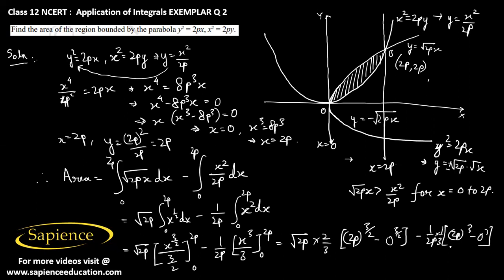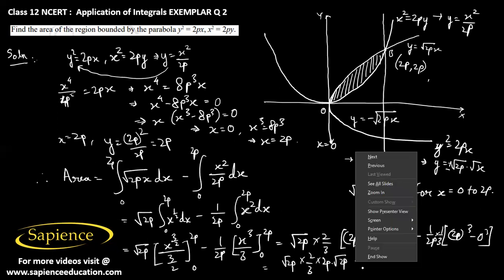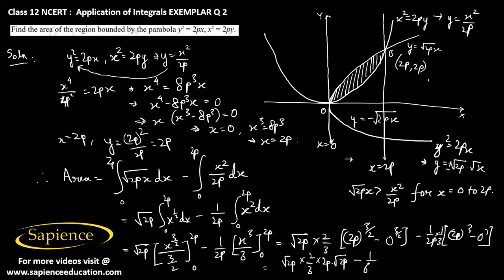So that will be root over 2p times 2 by 3 times 2p root over 2p whole cube, so that is 2p times root over 2p, minus 1 by 6p times 2p cube, so it is 8p cube.